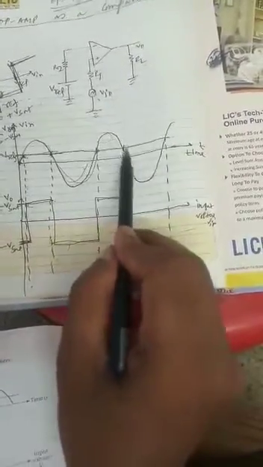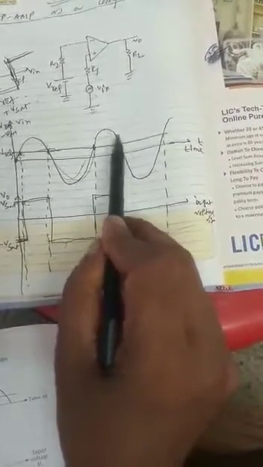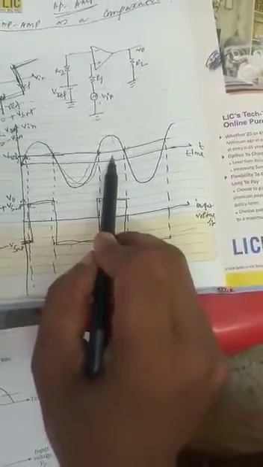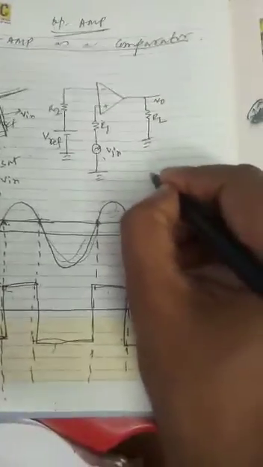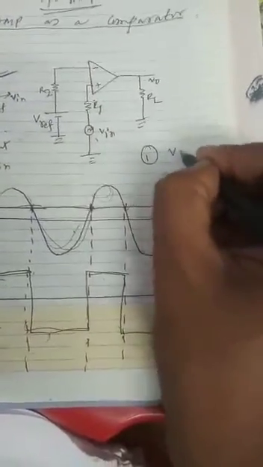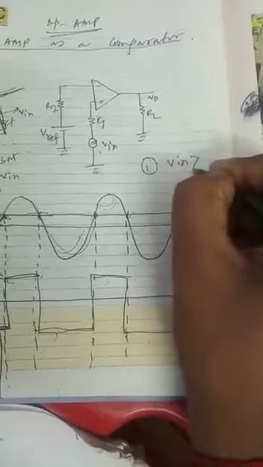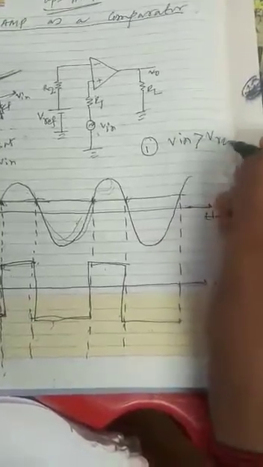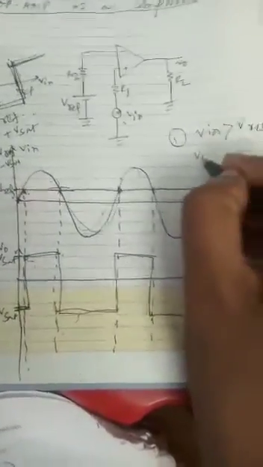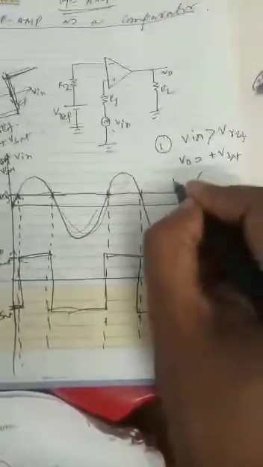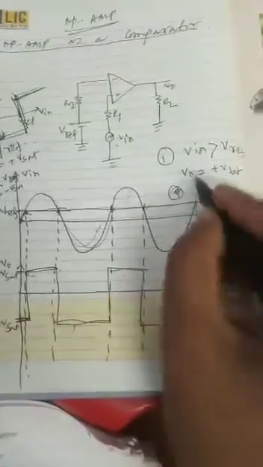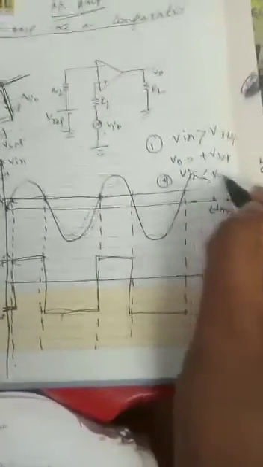From this point to this point, the input voltage is greater than the reference voltage, so the output is plus Vsat. Two conditions: when the input voltage Vin is greater than V reference, the output V0 is equal to plus Vsat. And when Vin is less than V reference, the output voltage V0 is equal to minus Vsat.